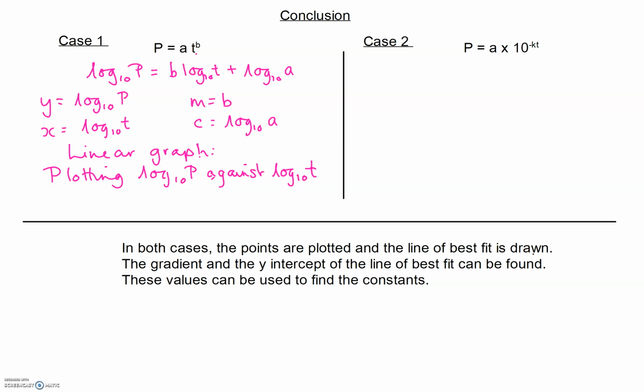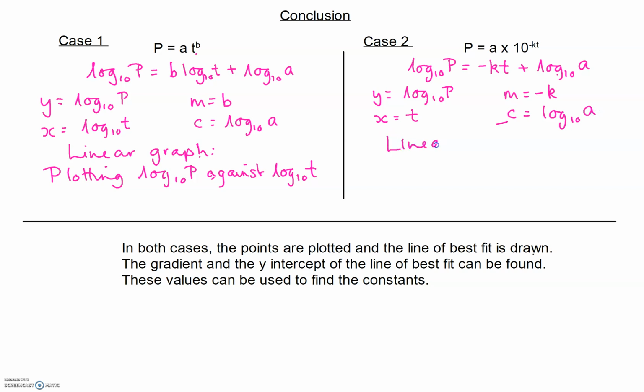In case 2, when we rearranged, we had log to the base 10 of p equals minus kt plus log to the base 10 of a. So in this case, we had that y equals log to the base 10 of p. We had that x equals t. The gradient m was negative k, and the y-intercept c was log to the base 10 of a.